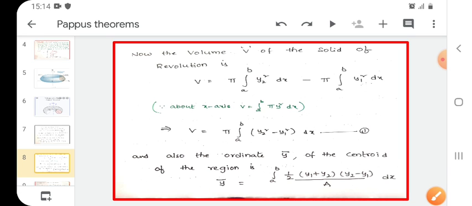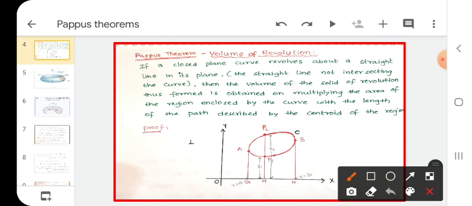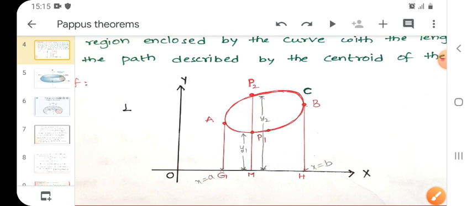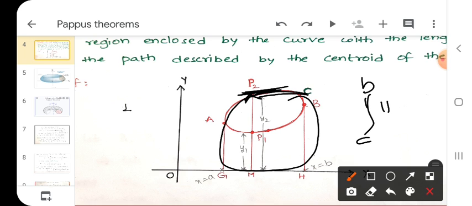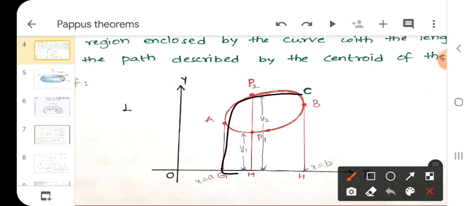But here we have a closed curve. So, see here, first I find the total volume from y2, integral A to B pi y2 square dx, which gives the total volume. The black line denotes the area of y2.